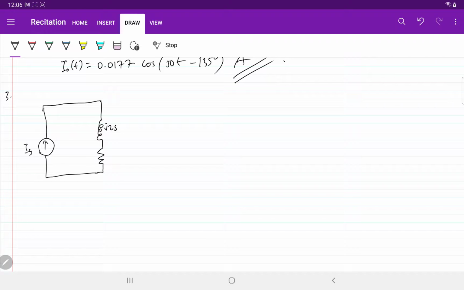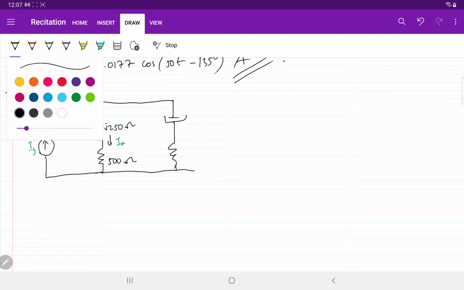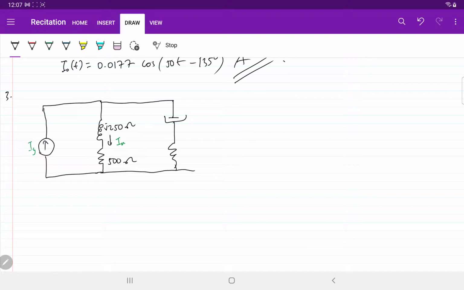We have impedance 500 ohms. The current is IA. Here is a capacitor with a resistor. Again, we have the impedance minus j 1000, 2000 ohm.